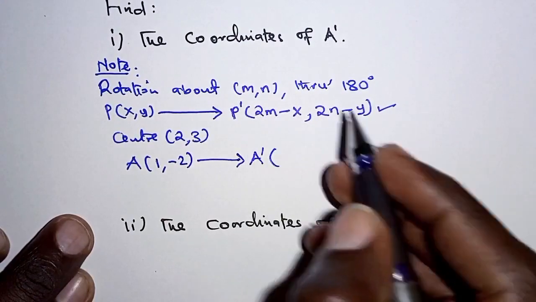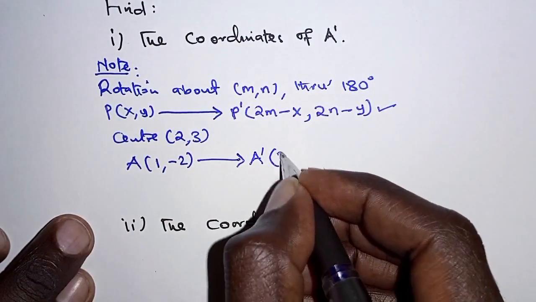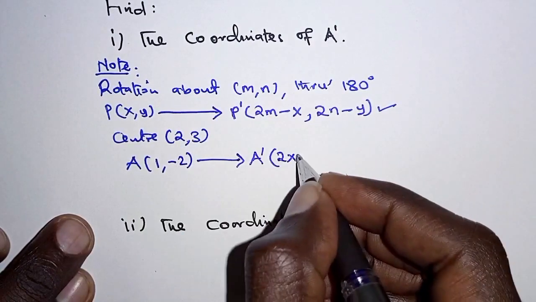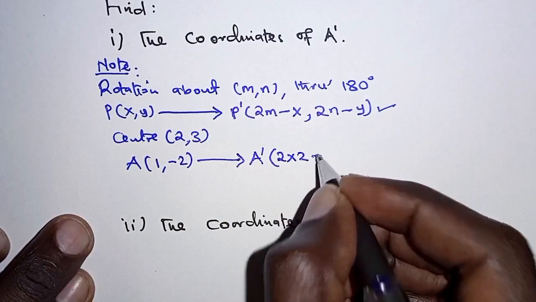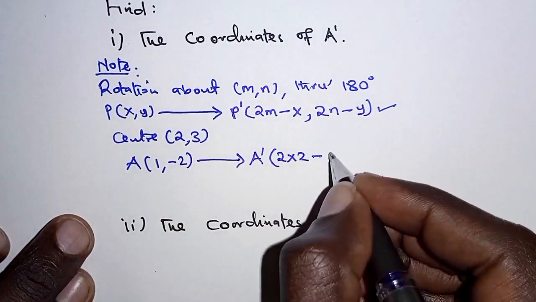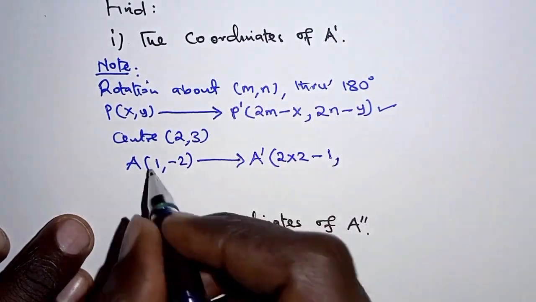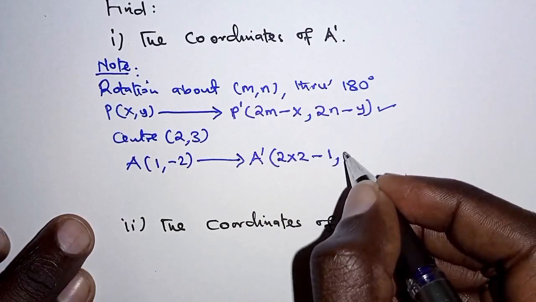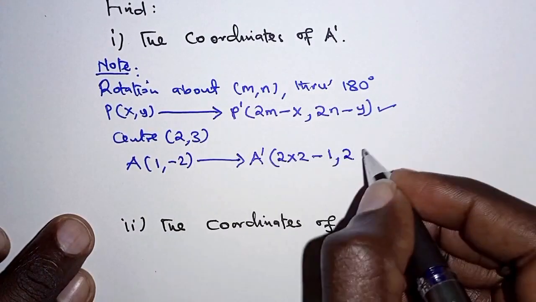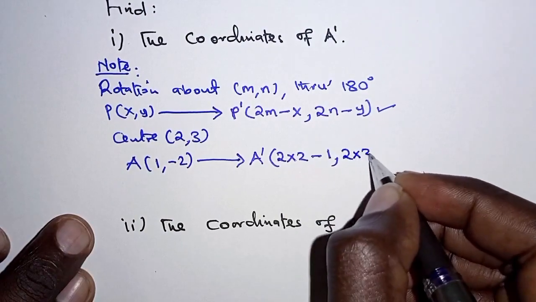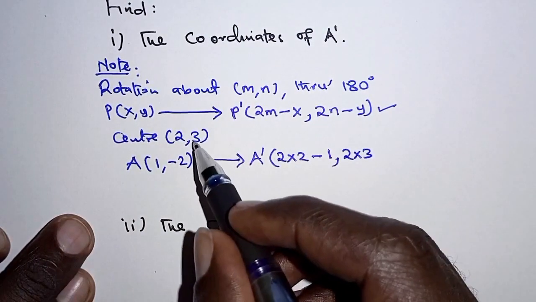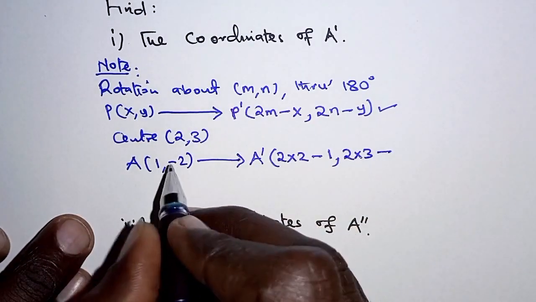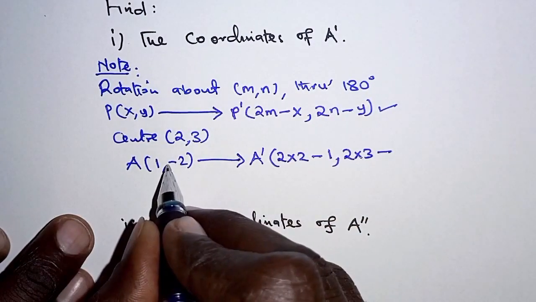Now applying this, we'll have twice the X coordinate of the center, which is 2, less the X coordinate of the point being rotated, 1. And then for the Y coordinate, we'll have twice 3, that is twice the Y coordinate of the center, less the Y coordinate of the point being rotated, which is -2.